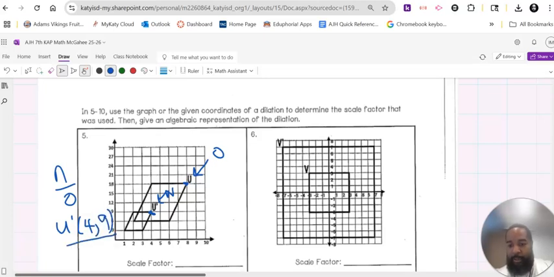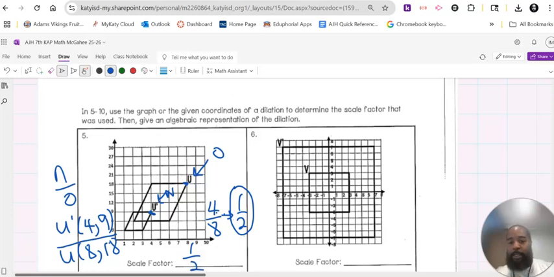And then on my original, I have 8 comma 18. Okay, so to go from my original to my new is 4 over 8 or 9 over 18. 4 over 8 reduces to 1 over 2, or 0.5. So my scale factor here would be 1/2.